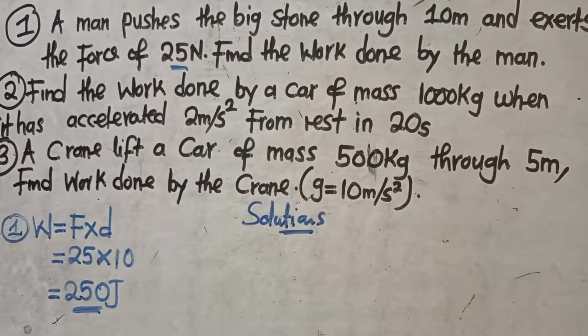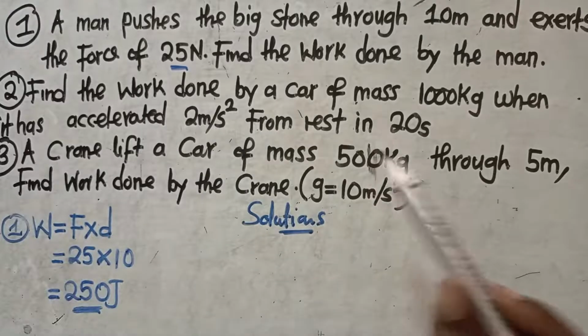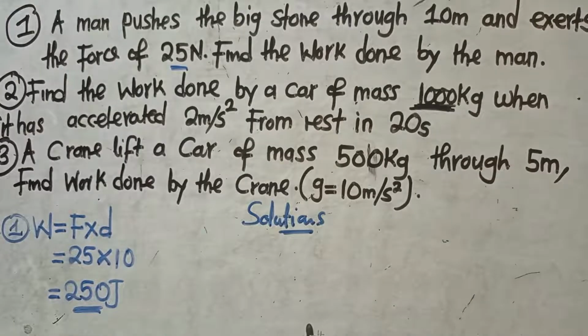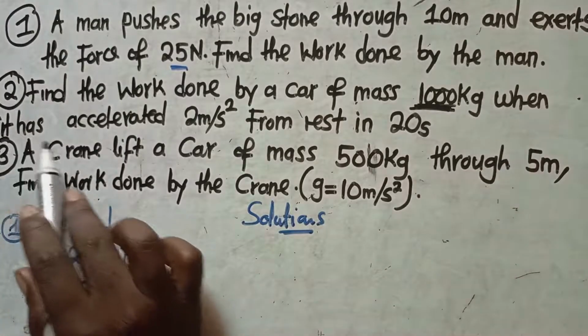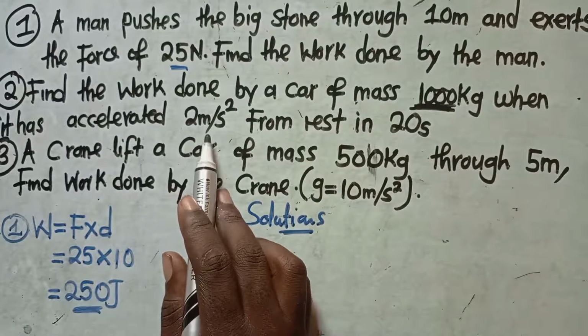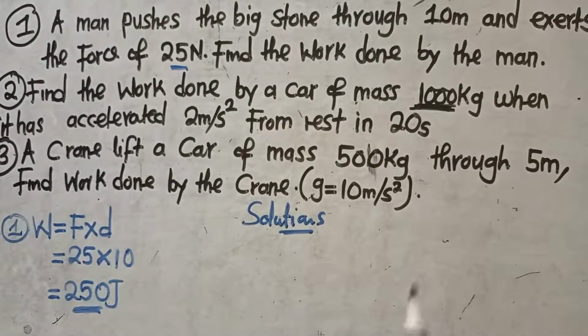We now move on to the next question. The next question says, find the work done by a car of mass 1000 kg when it has accelerated at 2 meters per second squared from rest in 20 seconds.